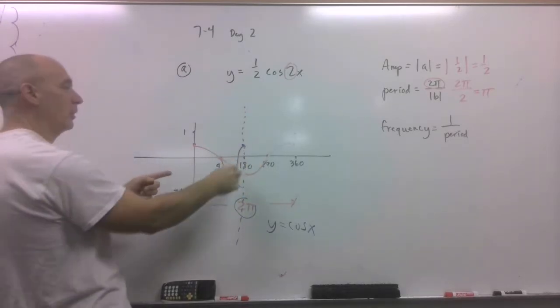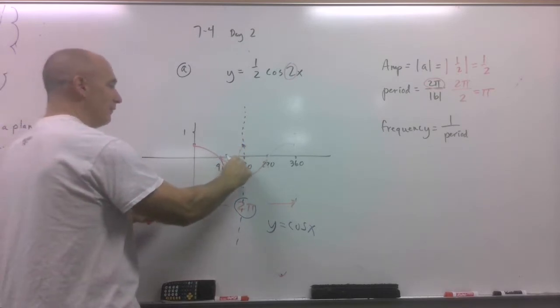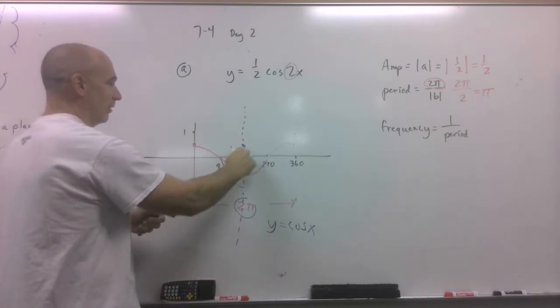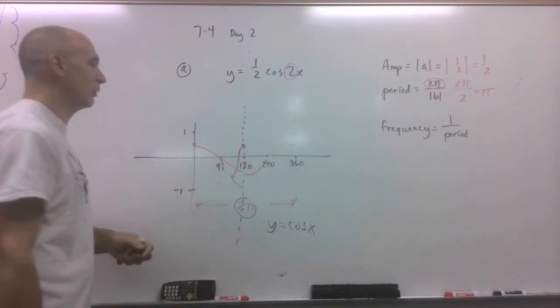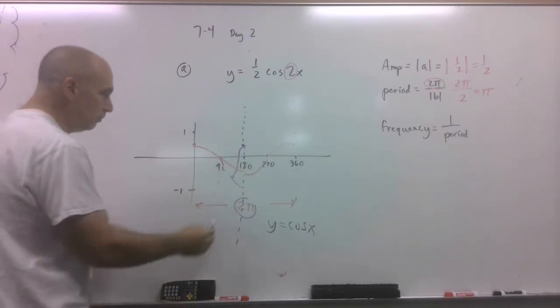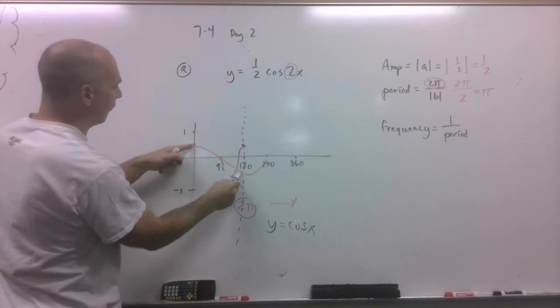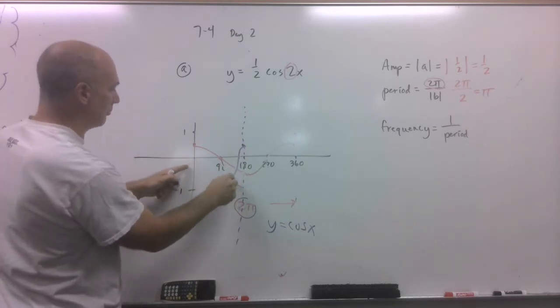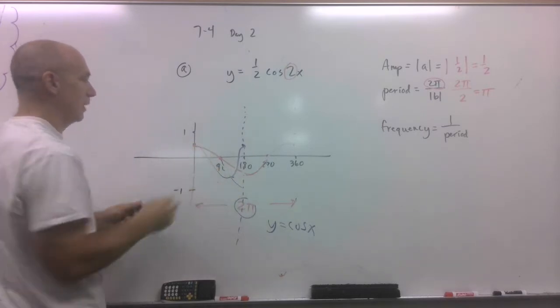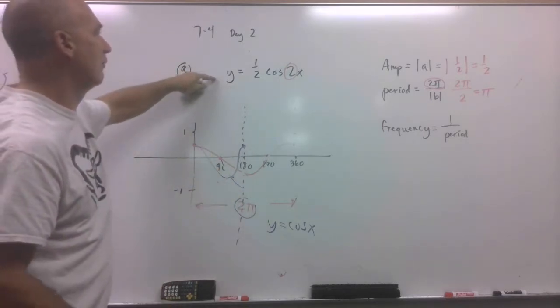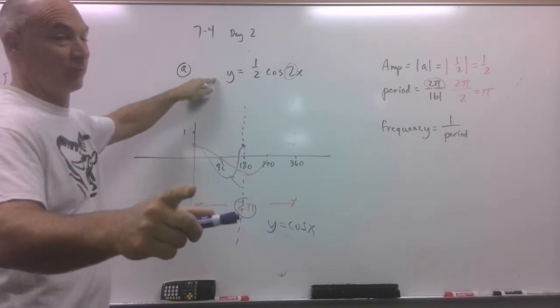I got to put a little curl in it, make it look like a tulip. You go like this, it just doesn't look like a cosine graph. So it's kind of like, and you'll get better at that the more you do. And then I got to duplicate this half in, oh, that should have went to here, in this window. So that would go like that. So there's the graph. Throw that in for free.